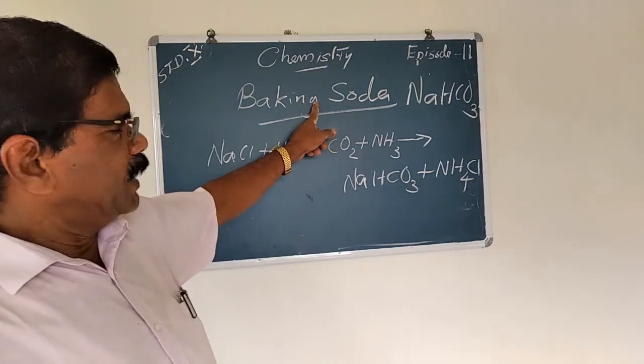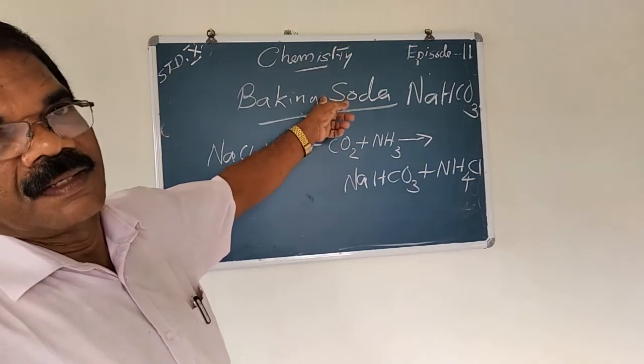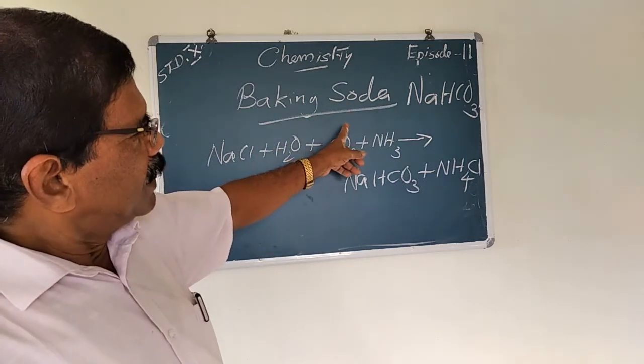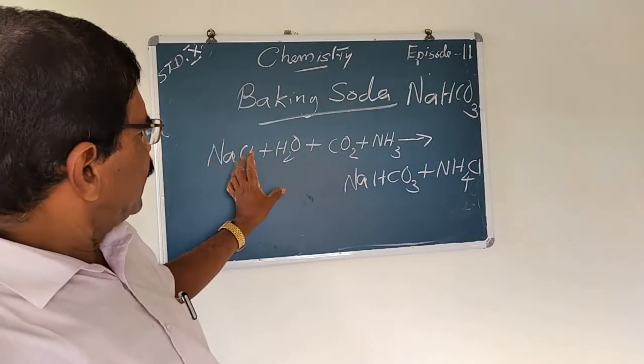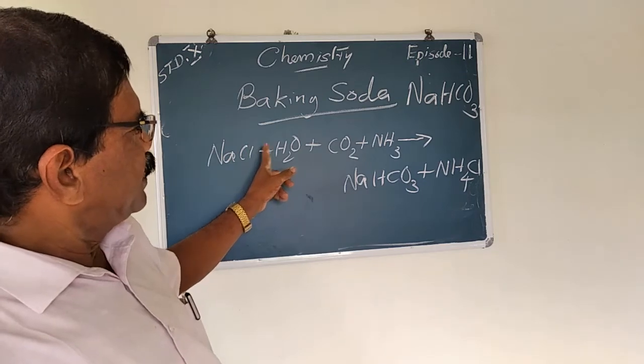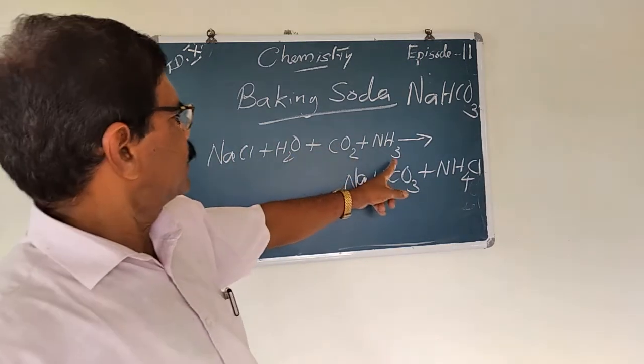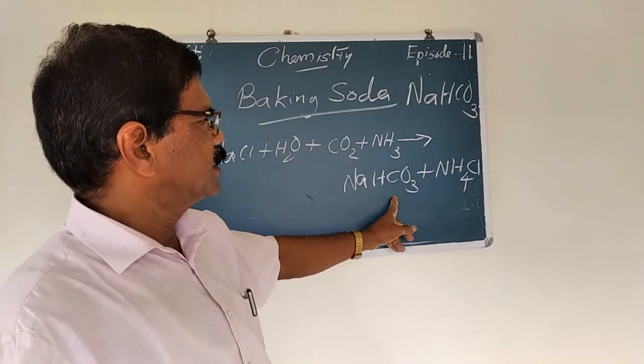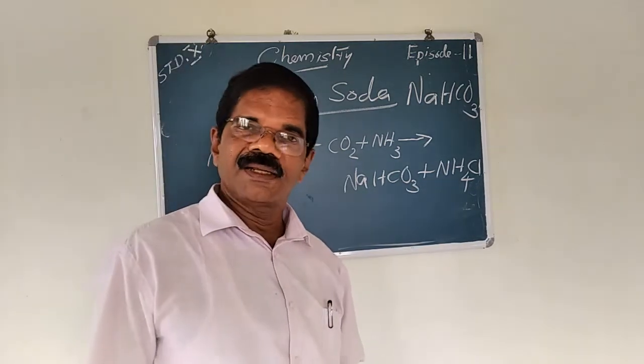Baking soda is prepared from these things. What are they? Sodium chloride, H2O, CO2 and NH3. The product formed is NaHCO3 plus NH4Cl.